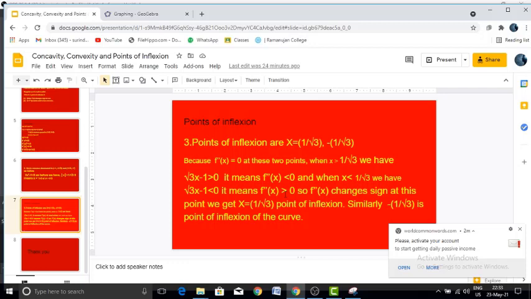So what we have shown: the curve is concave upward in the open interval minus 1 by under root 3 comma 1 by under root 3, concave downward from minus infinity to minus 1 by under root 3 and 1 by under root 3 to infinity, and the curve has points of inflection at 1 by under root 3 and minus 1 by under root 3.